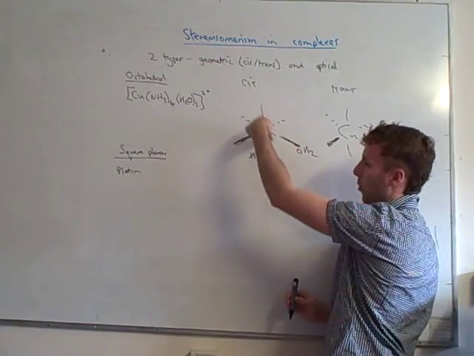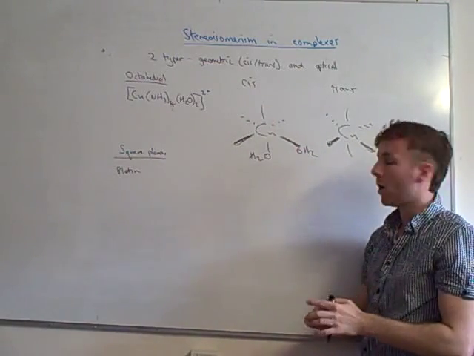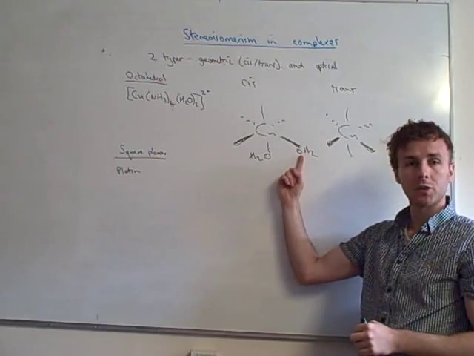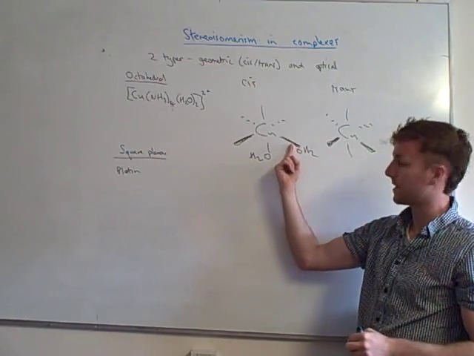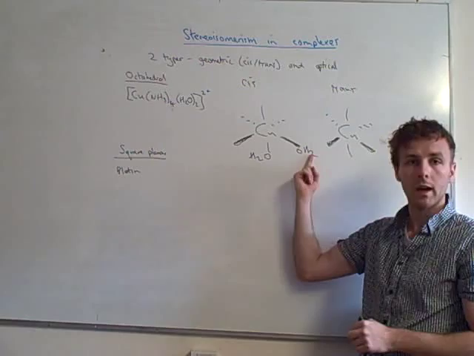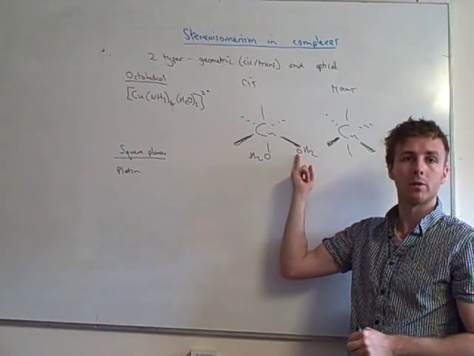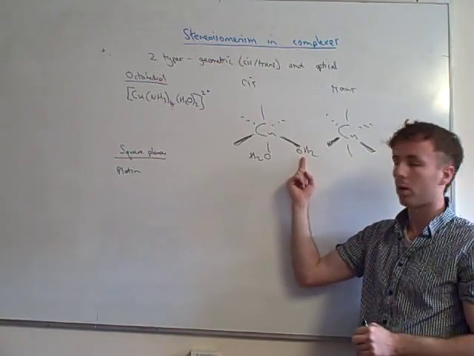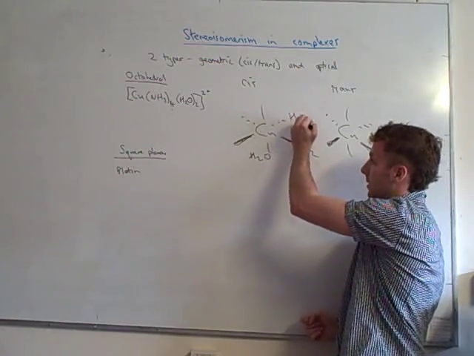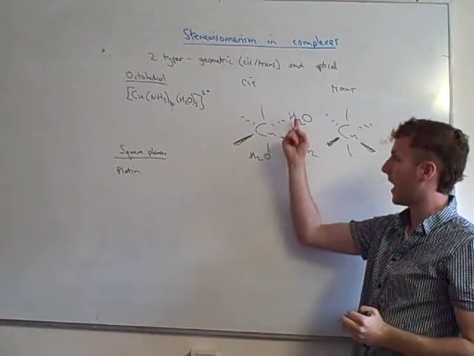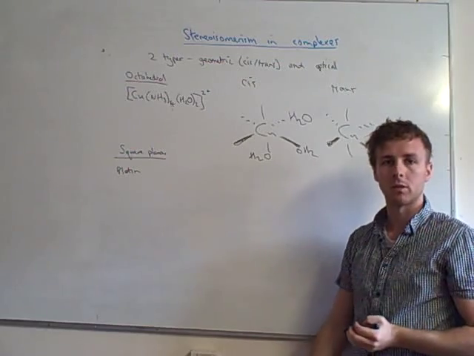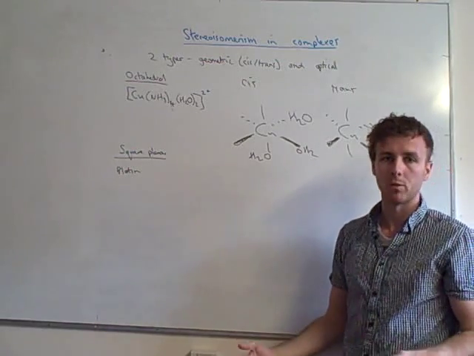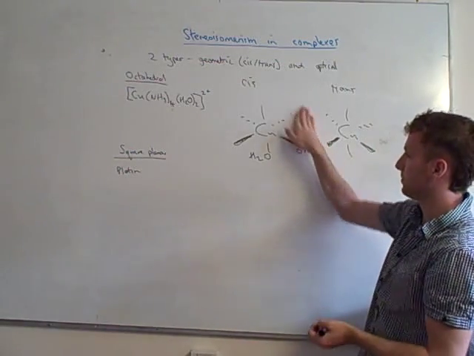So you can see they're almost pointing in the same direction. Also notice I made sure it was the oxygen that was connected to this bond, not the hydrogen. It's the oxygen that donates a lone pair of electrons, so that needs to be the one on the bond. If I did this, what I'm actually saying is it's the hydrogen that donates a lone pair of electrons. And obviously hydrogen doesn't have a lone pair, so it couldn't possibly do that.